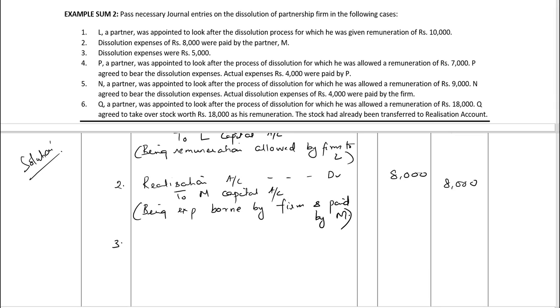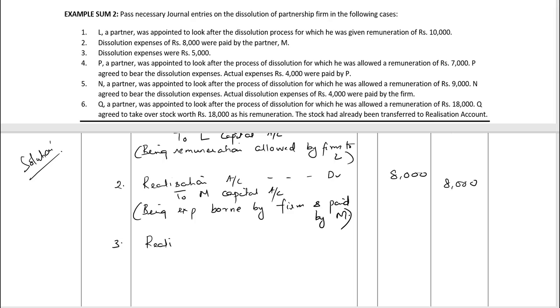Third question. Dissolution expenses were rupees 5,000. No mention who was to bear it and who has paid it. So we assume that the expenses were to be borne by the firm and also paid by the firm.